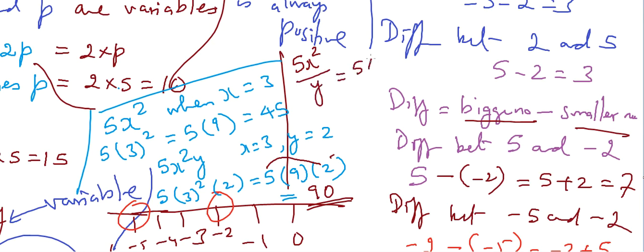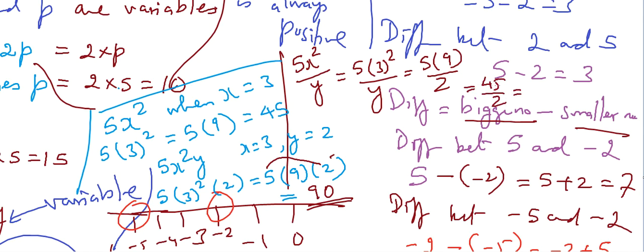In this case, 5 into 3 square by y. So 5 into 9 by 2. 5 into 9 is 45. So 45 by 2.